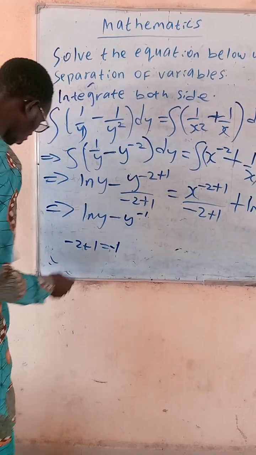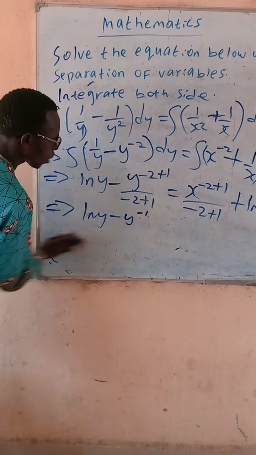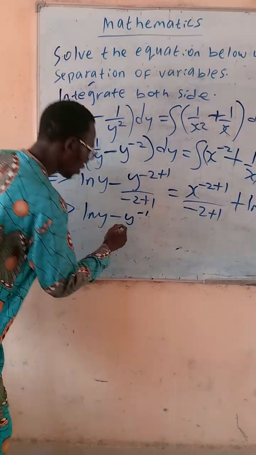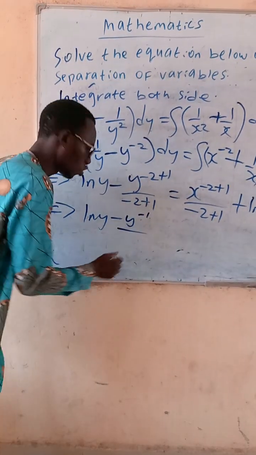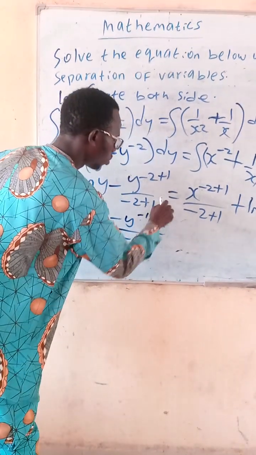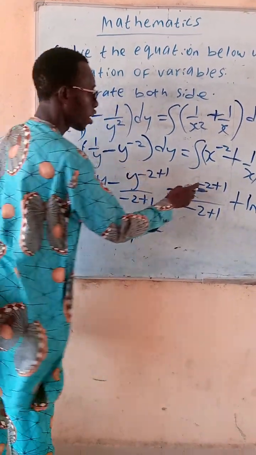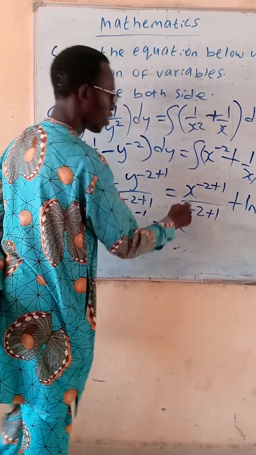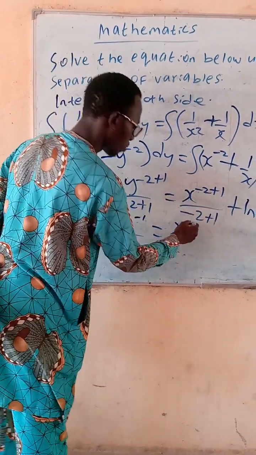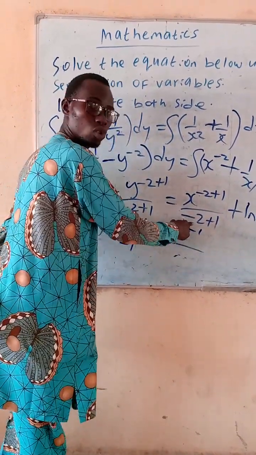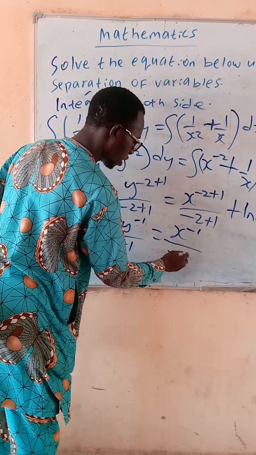So we have minus 1. Are you getting me now? So we have y raised to power minus 1, and here also minus 2 plus 1 gives us minus 1, equals x minus 2 plus 1, which is x raised to power minus 1, all over minus 2 plus 1, which is minus 1.